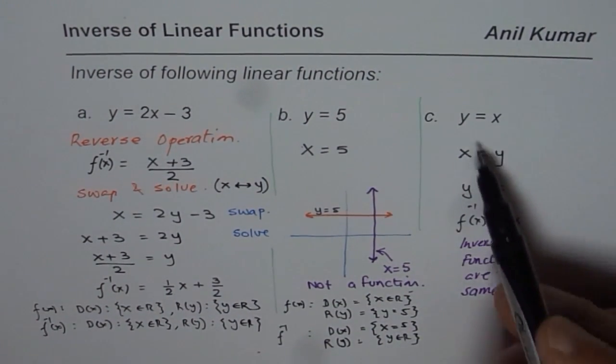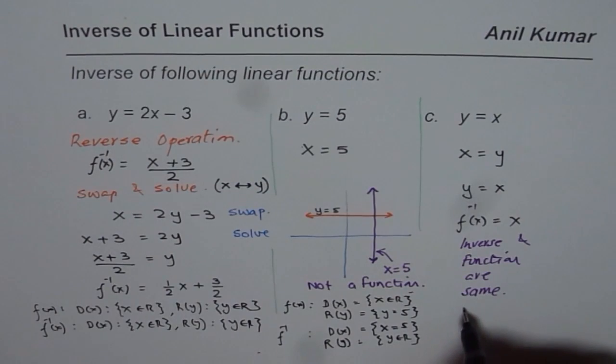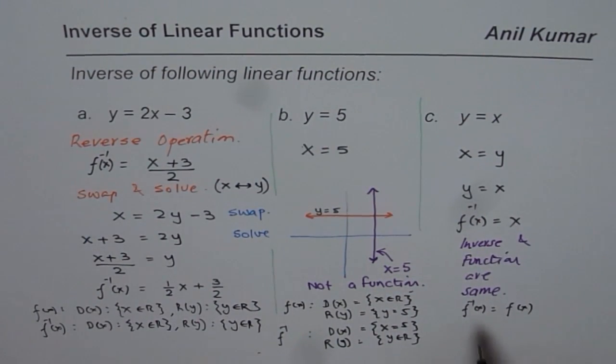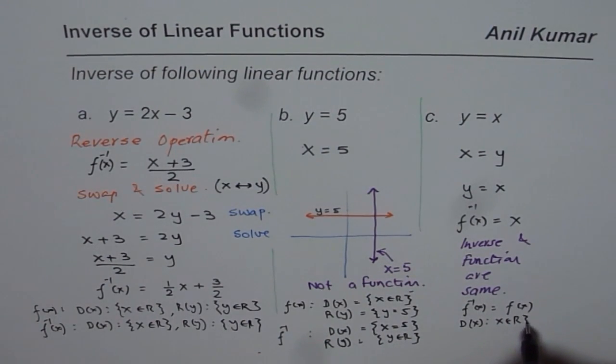In the last case, you can write domain and range, and you see the function and its inverse are exactly the same. So we have written that the inverse of the function is the function itself, and in this case we know the domain is x belongs to real numbers and the range is y belongs to real numbers, correct?